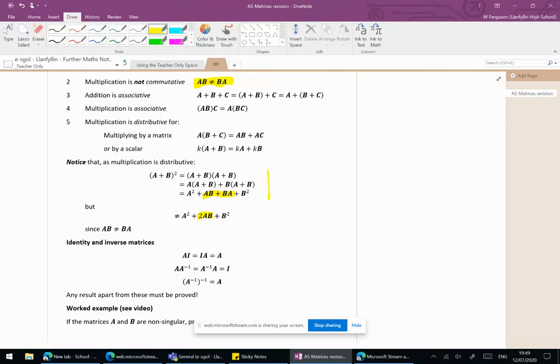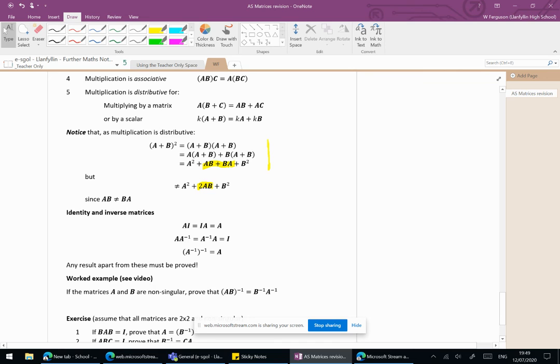And then inverses: it doesn't matter whether you right multiply or left multiply a matrix by its inverse, the result will still be the identity matrix. That's the point of it. And as a consequence of that, this also means that the inverse of an inverse matrix is the original matrix. A to the minus 1 to the minus 1 takes you back to the original A.